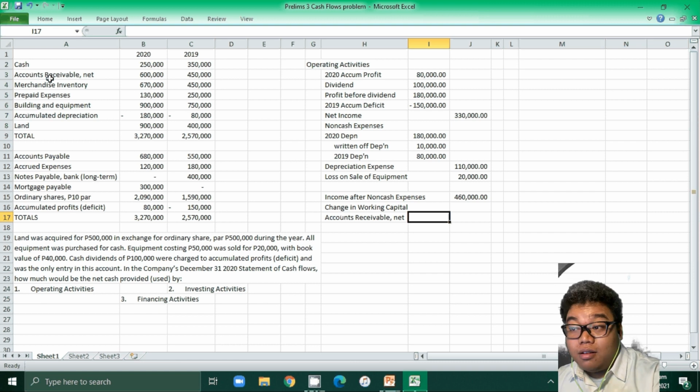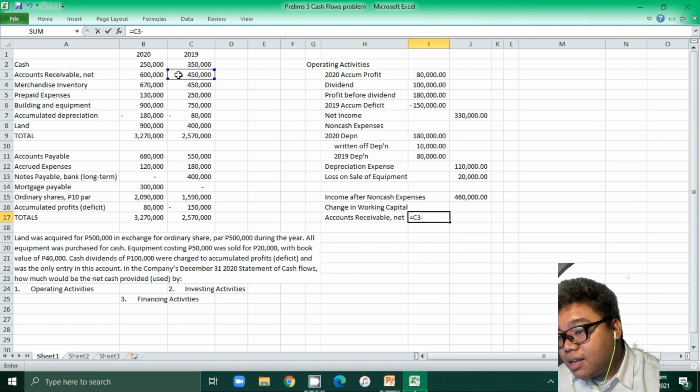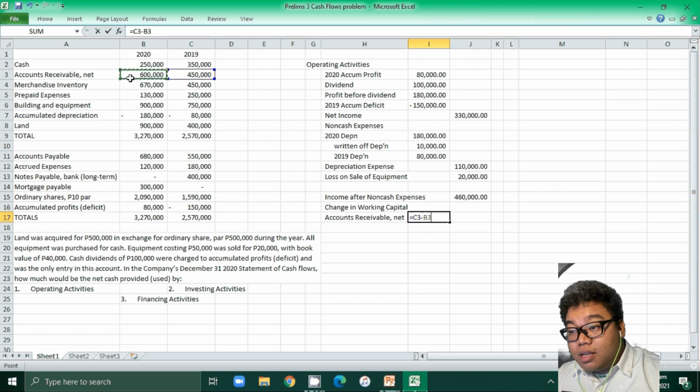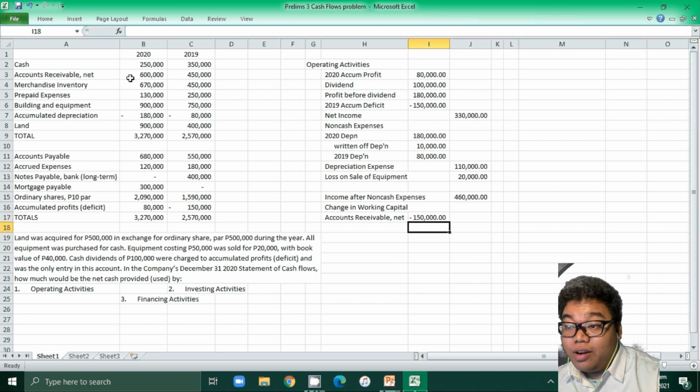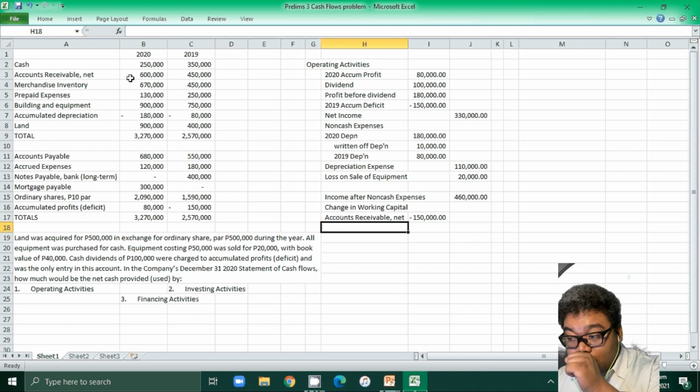If they are not collected, we have less inflow. So the beginning balance of 450,000 as compared to 600,000, there is an increase of 150,000 for accounts receivable. That would be a deduction for operating activities.